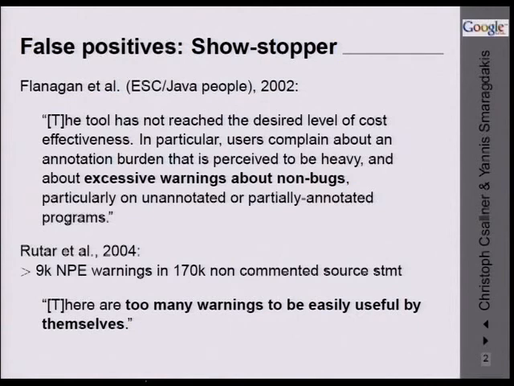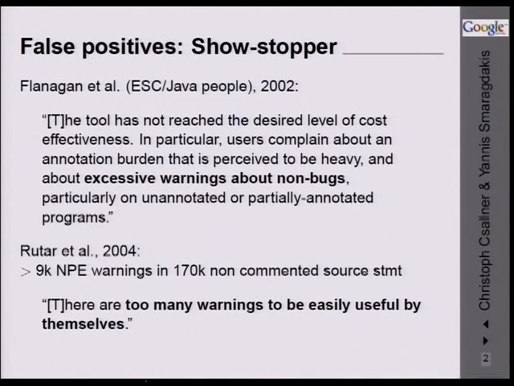And that's the standard usage, right? You have some source code that you have not annotated with special constructs, so you just want to run the tool out of the box. And then they say there are excessive warnings about non-bugs, which I also call false positives.